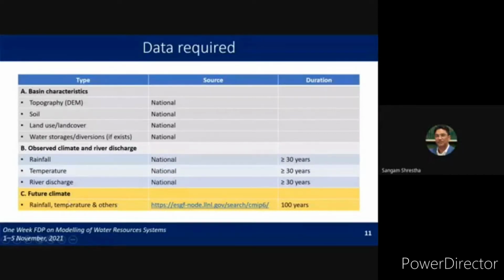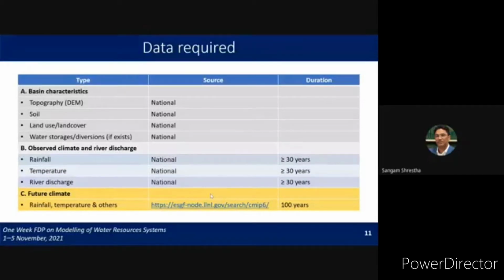And we also need the future climate data, and this future climate data we generally obtain from the general circulation models or the regional climate models, and these are very reliable sources of future climate data. There are several modeling centers or climate change research centers, and they usually provide these data free of cost.